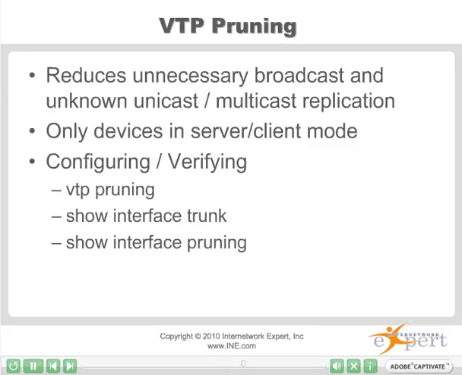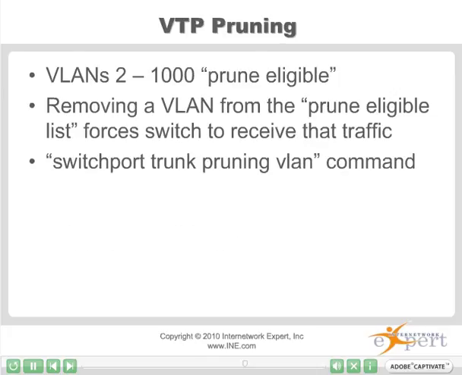The great thing about VTP pruning is it's so easy to configure. All you do is go to your server device and turn it on with the VTP pruning config. It will then propagate that setting to all of the devices running VTP in your infrastructure. Now, what if you're a bit paranoid?